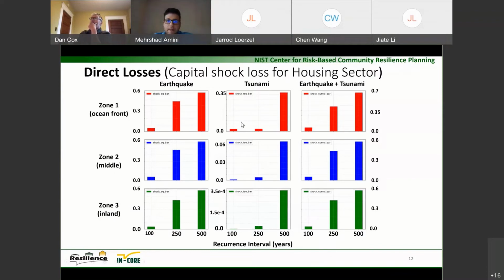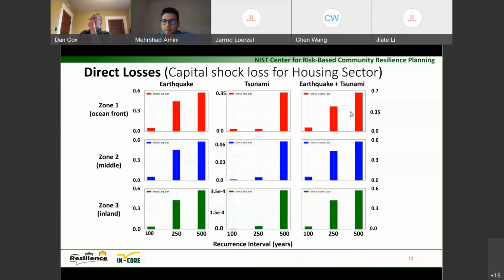For tsunami, for the first two recurrence intervals, 100 and 250, we don't have any significant capital stock loss. It started from 500. As you go from zone 1 to 3, toward the inland, the maximum value decreases because you are further from the coast, and the tsunami hazard decreases.